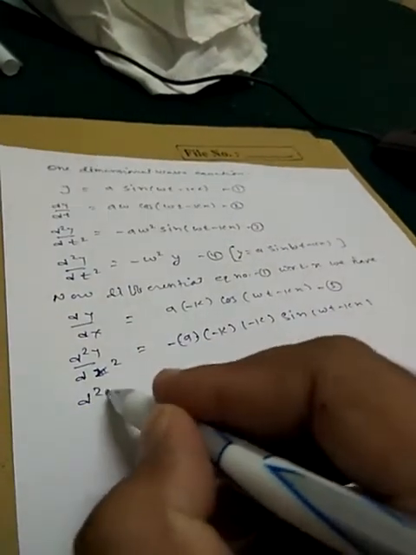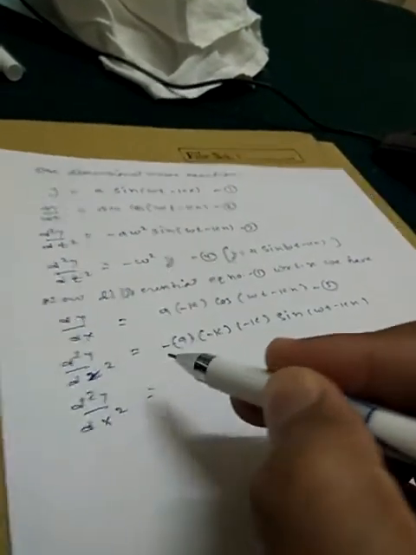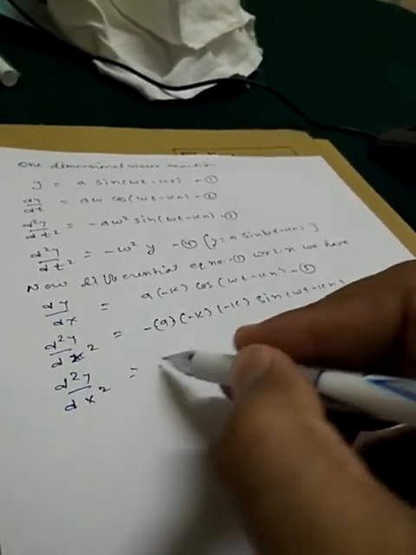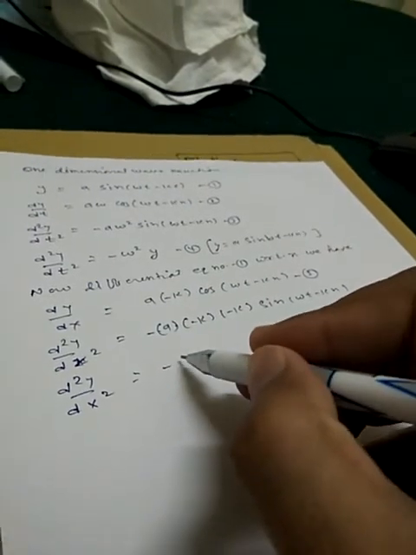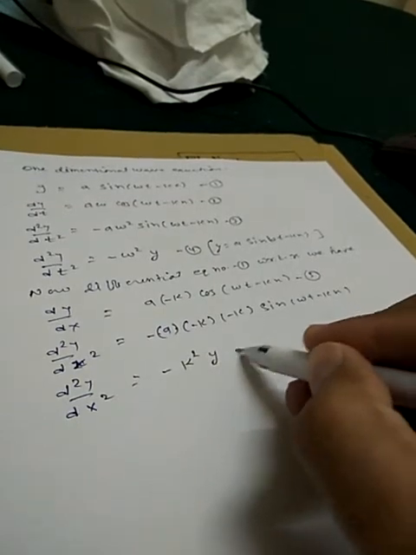We can represent and arrange this equation in the following manner: d2y upon dx square equal to minus k square y. Equation number 6.